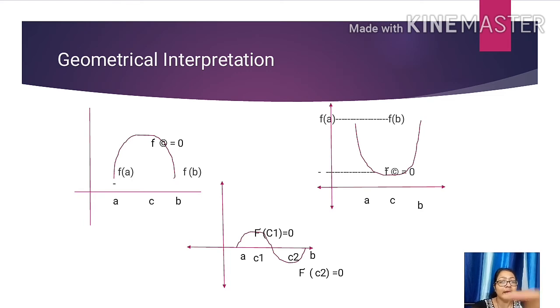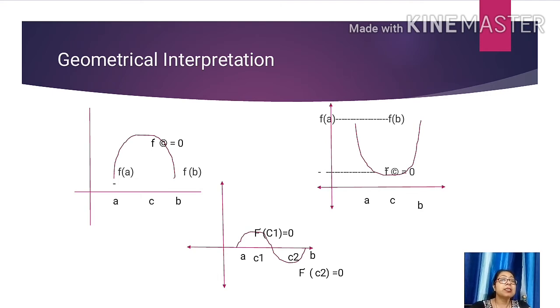Now the third graph. I have drawn a curve here, but here we are getting two points where we get tangents. At the point C1, the tangent f dash c1 is parallel to the x-axis, meaning f dash c1 is equal to 0.